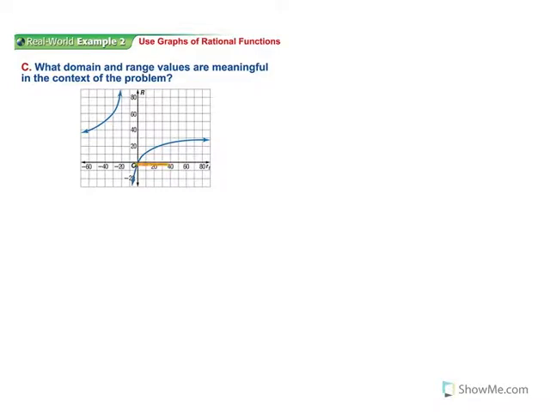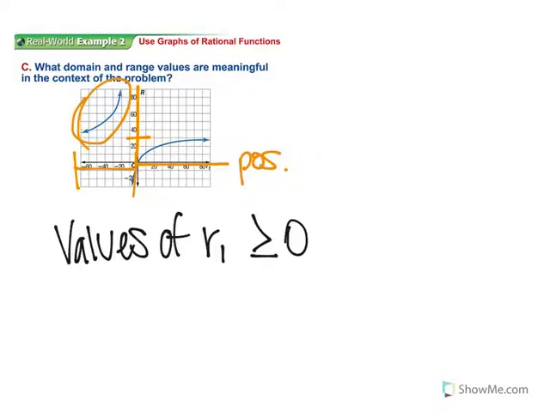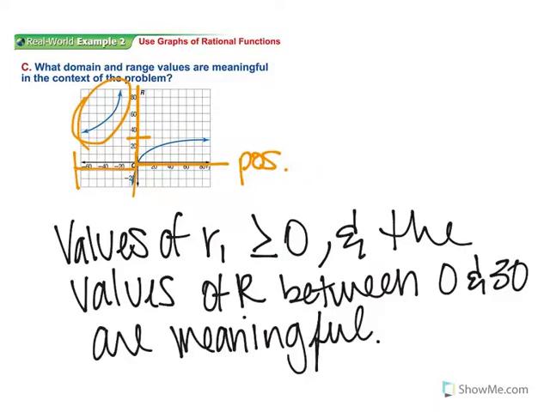First of all, distance is going to be positive. And then our rate is going to be from 0 to 30. We don't need any of this piece back here because this is talking about negative distance. So we would say the values of R1 greater than or equal to 0 and the values of R between 0 and 30 are meaningful.